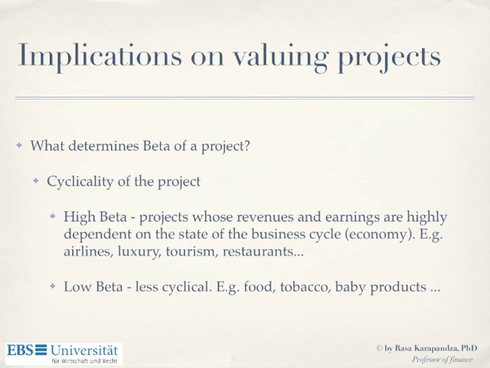Now, on the other hand, there are some less risky projects like food, tobacco, baby products, etc. Why? Because these are the things that are not related to the recessions. They are not related to the booms. Babies consume the same amount of diapers no matter whether there is a crisis or not. Baby will not stop pooing less because there is an economic crisis currently. They don't care about these things.